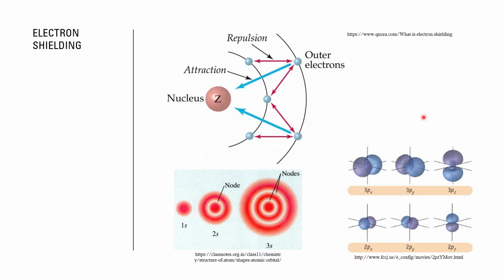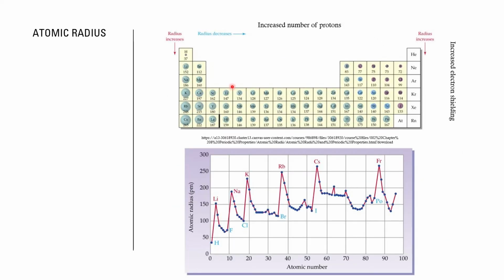And this is what we see here in some of our examples when we've looked before at the idea that our s or our p or d or our f orbitals increase in size and space as we move up our energy levels. It's explained here when we look at this electron shielding concept, and that the electrons will sit further and further out because they're being repelled by the electrons themselves. And so thus we end up getting this increased electron shielding pattern here.